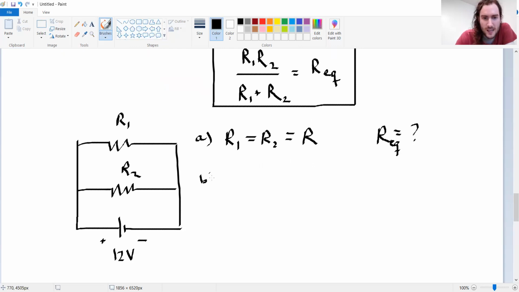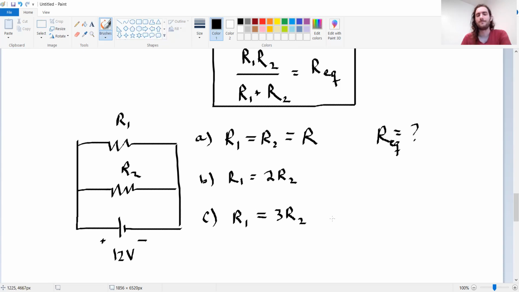And then for part B, and I'll give you a part C as well, just have a couple cases here. For part B, assume that R1 equals 2 times R2. And for part C, assume that R1 is equal to 3 times R2.